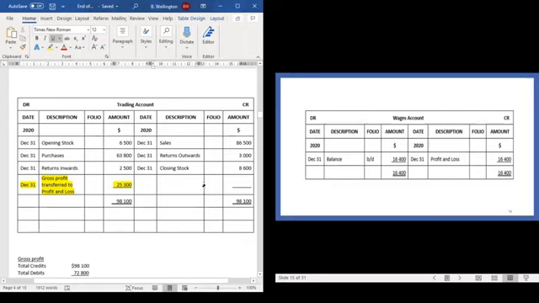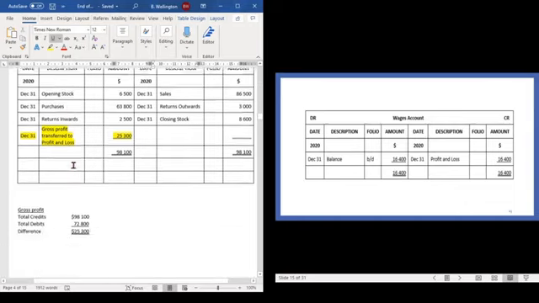Now, when we do our trading and profit and loss account, this is not how we are going to present it, because there are certain items that we want to show in our trading and profit and loss account. This was just done to show you how the double entries were completed.